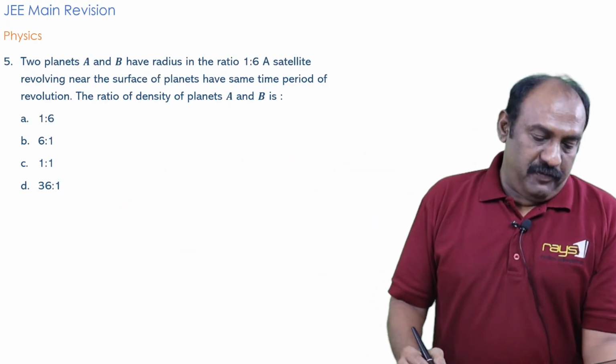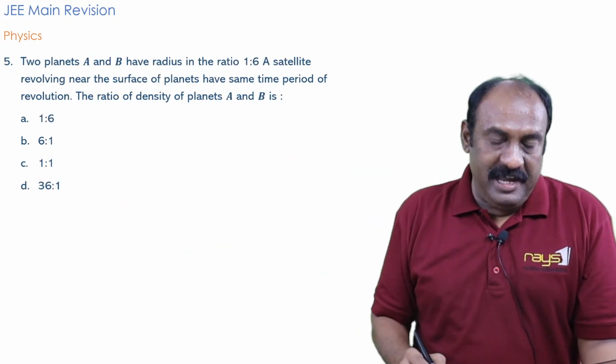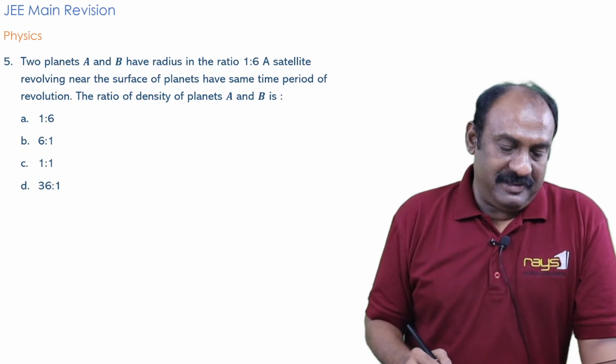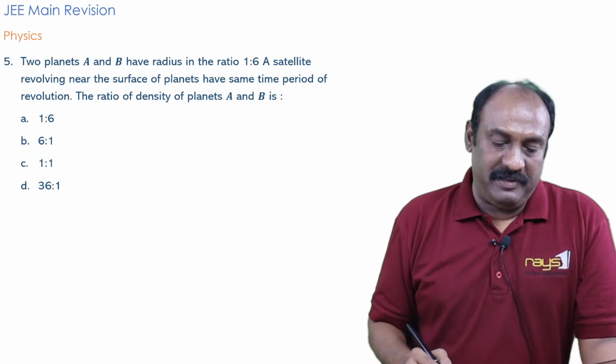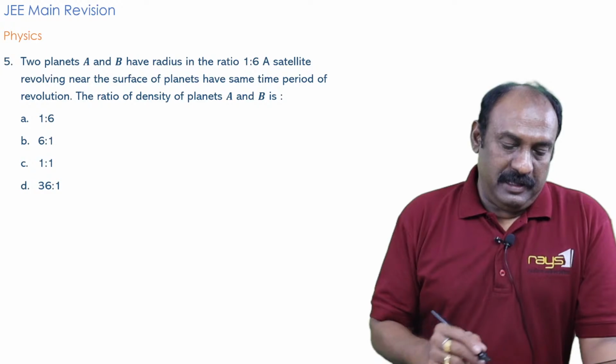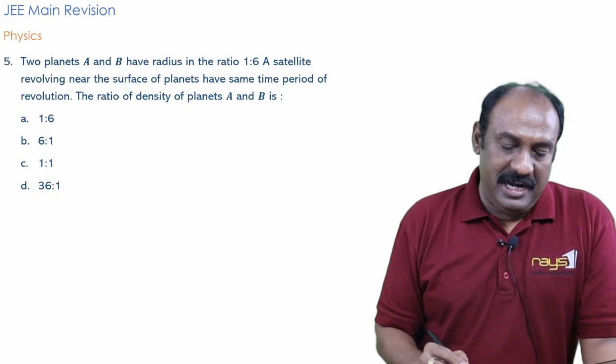Question number 5. Two planets A and B have radii in the ratio 1:6. A satellite revolving near the surface of each planet has the same time period of revolution. The ratio of the densities of the planets A and B is?